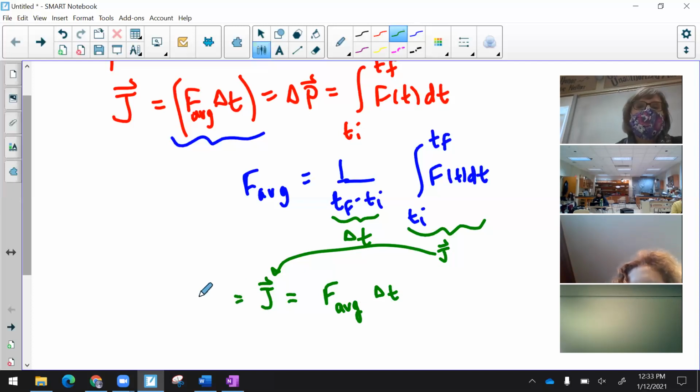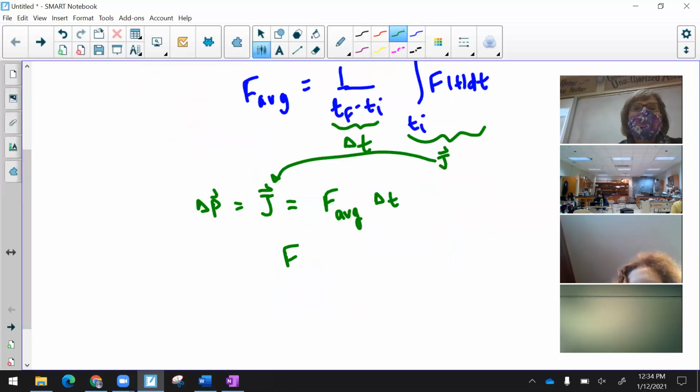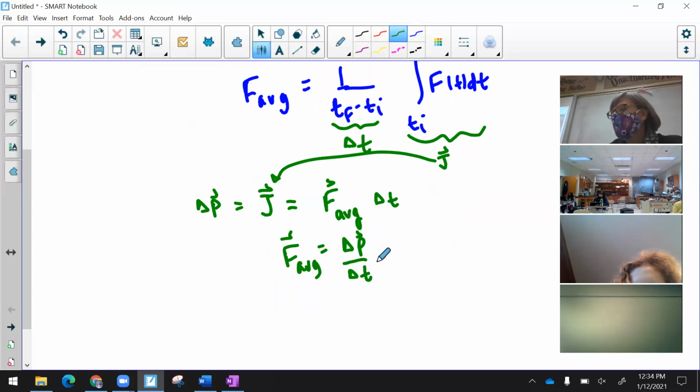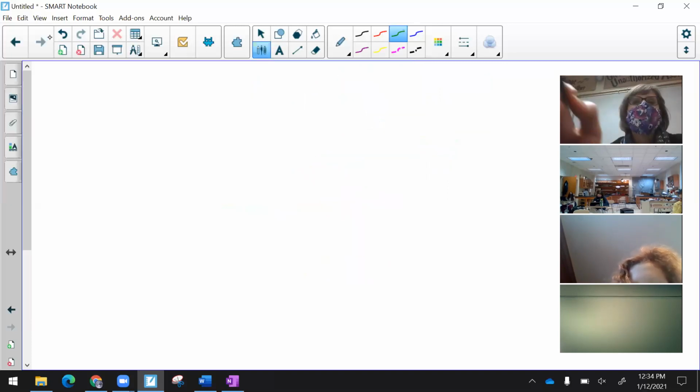And remember still that this is equal to delta P, so we can also say that F average is equal to delta P over delta T. Which should not come as a surprise because we already went through this, right? And this was something we talked about at the beginning of our derivation. All right, we good? Okay, so I think the next thing is an example problem.